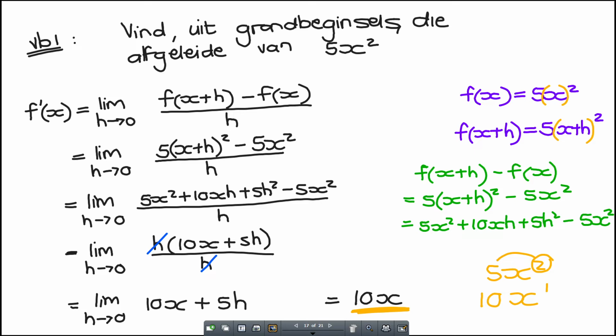So you use that method to go double check your answer. But you only use this long method when they specifically ask for first principles. Vanuit eerste beginsels. As hulle nie sê eerste beginsels nie, dan gebruik jy die kortpad. Okay, jy gaan in die huiswerk, kry jy, ek dink daar's 5 wat jy die lang pad moet doen from first principles, and then the rest is just normal deriving.